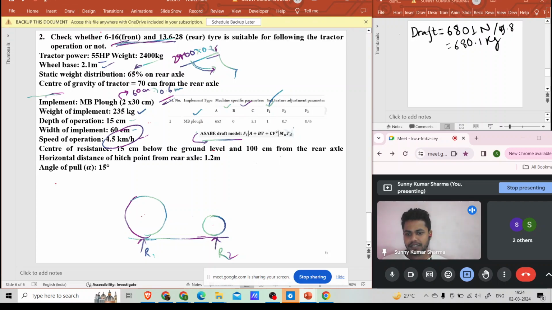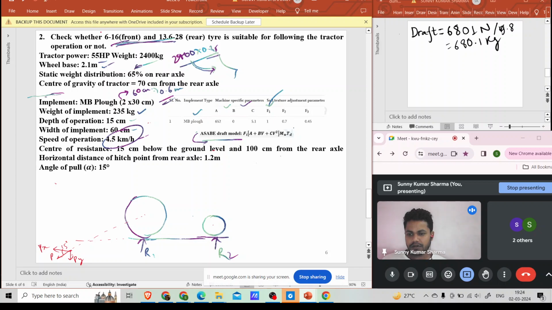And the implement is attached here, at a distance of 100 centimeter. Pull is applied at an angle theta, that is 15 degrees. This is Py, this is Px, the horizontal component of the pull.